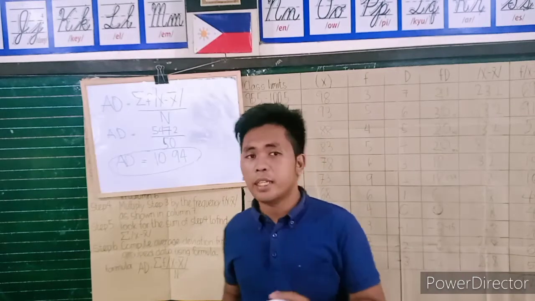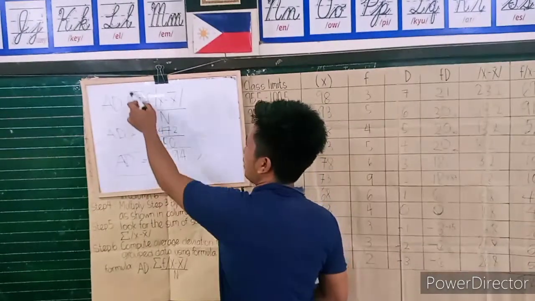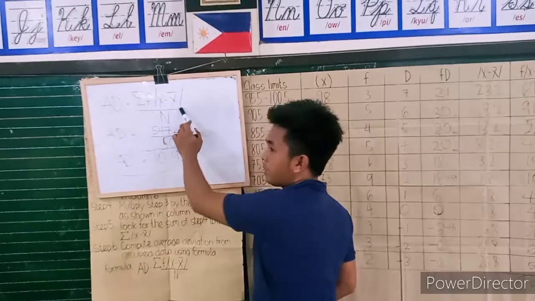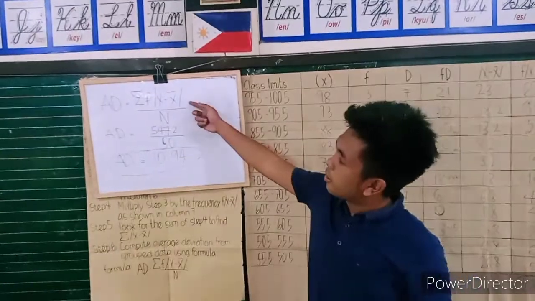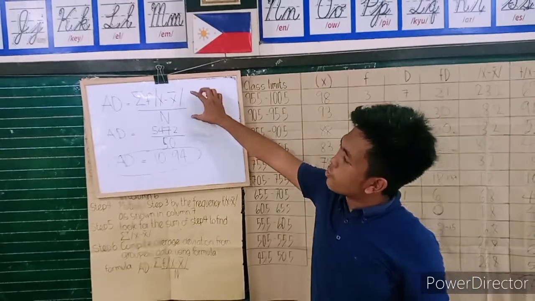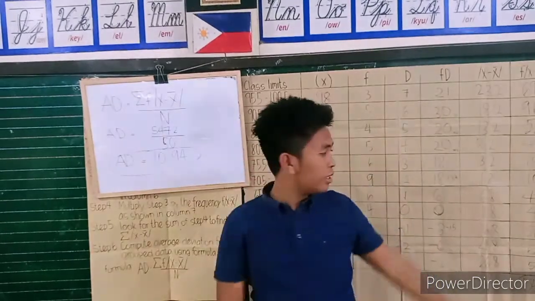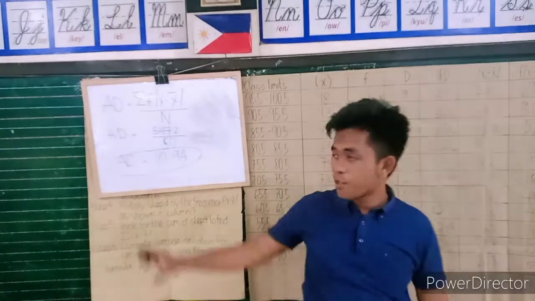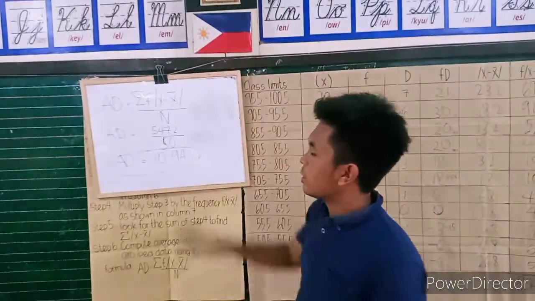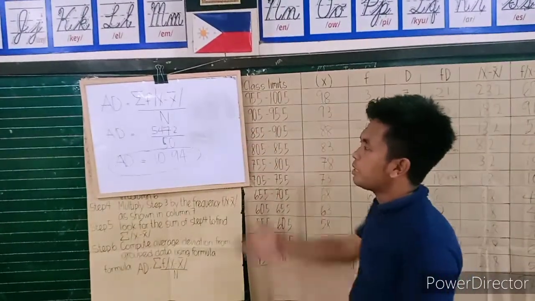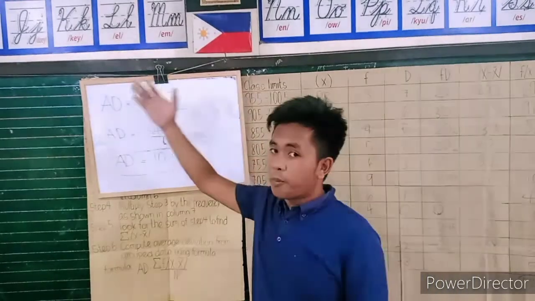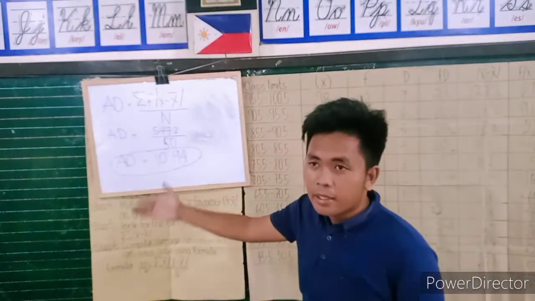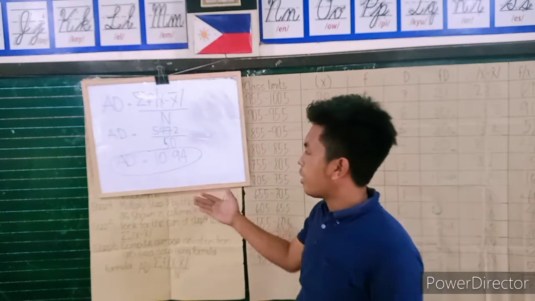So that is how we get the data here. Let's substitute the summation of all the frequency, because I added all these scores. This is the summation of the frequency times the number of scores minus the arithmetic mean. This is the formula that we are going to use in solving the final average deviation.